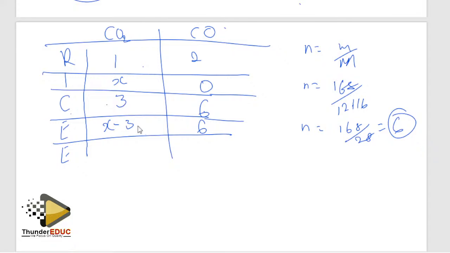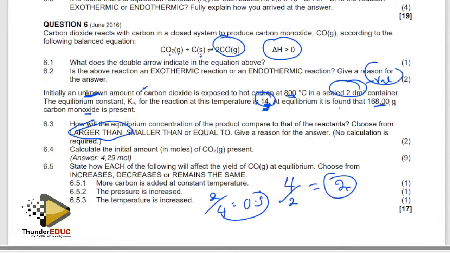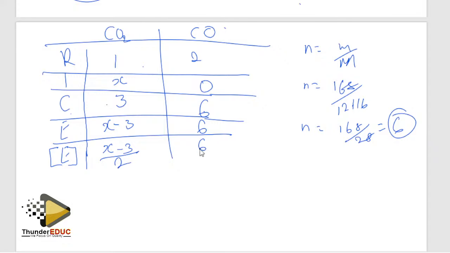You understand? So now this is the concentration. The concentration at equilibrium is going to be X minus 3 divided by the volume. The volume I talked about, 2 meters cubed, and then 6 divided by 2 is going to be 3.